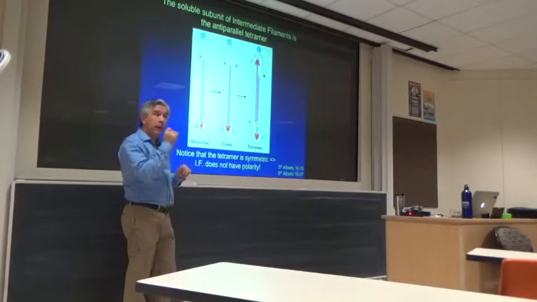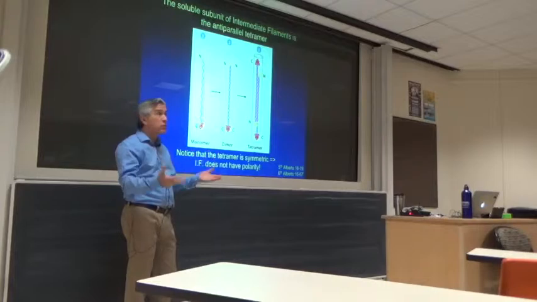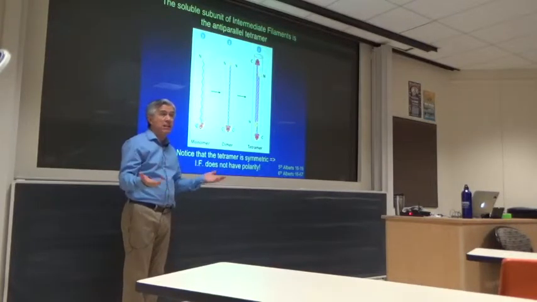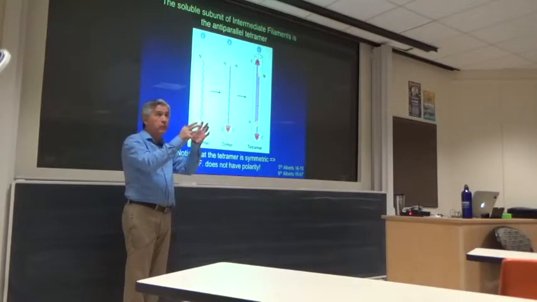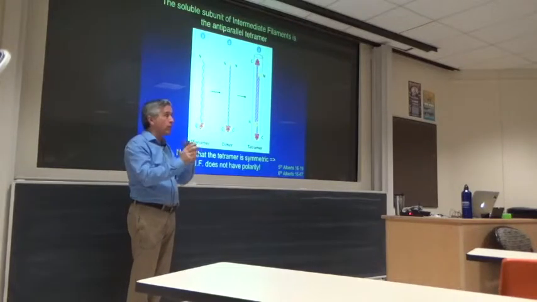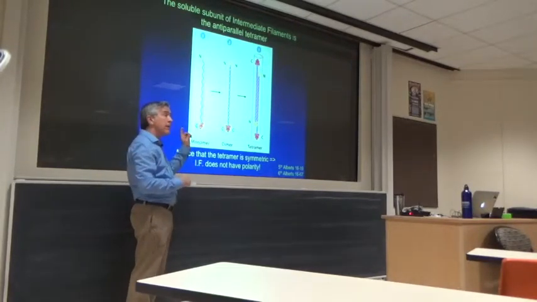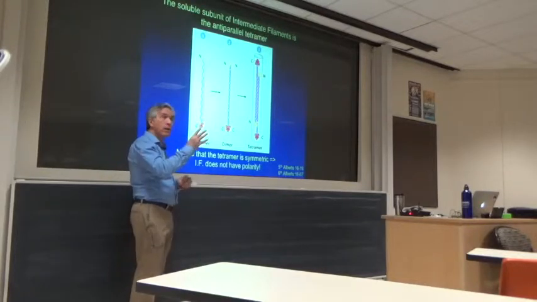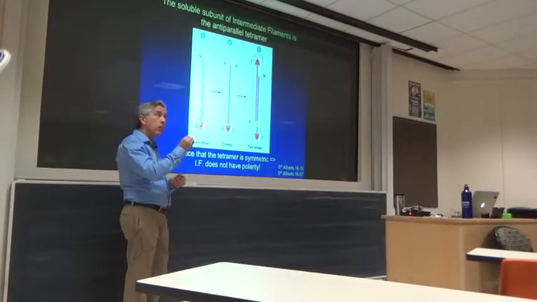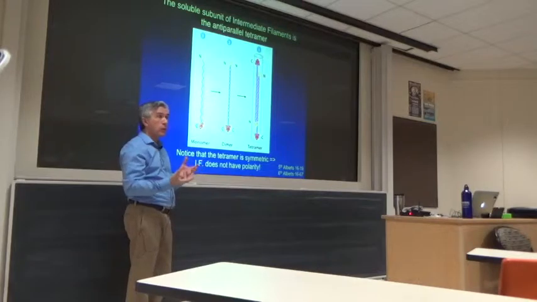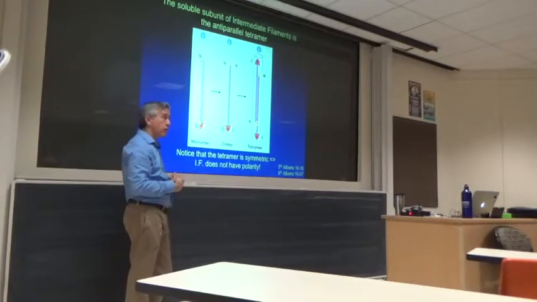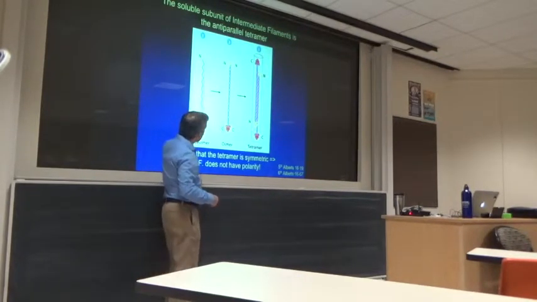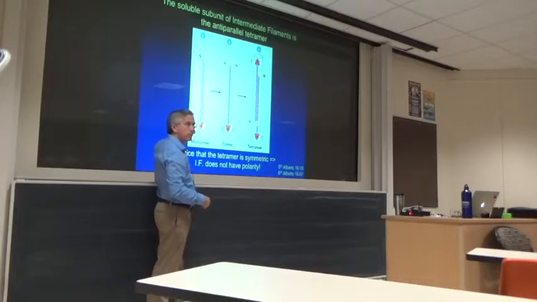With actin, we just talked about the actin monomer, G-actin, a single globular protein, all by itself floating around. In the case of intermediate filaments, we have not one, not two, but four polypeptides that come together to form the subunit of intermediate filaments. So here's a monomer that was produced by a ribosome.